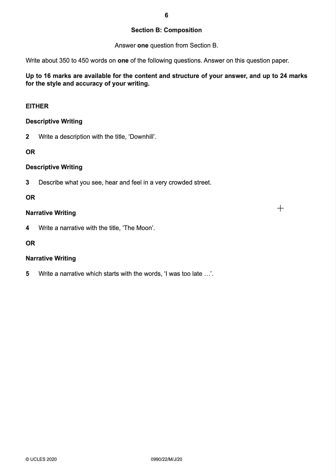So with descriptive writing, they tend to pick things that are quite general, so you can let your imagination run free. So write a description with the title Downhill, or describe what you see, hear and feel in a very crowded street. Now both of those things should not tax your imagination too much.